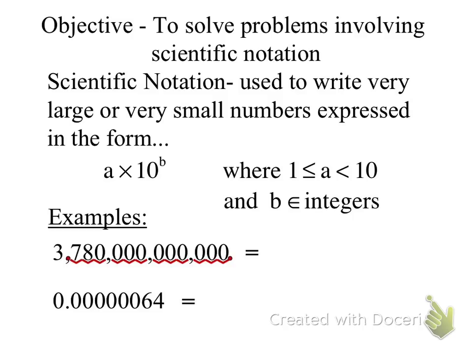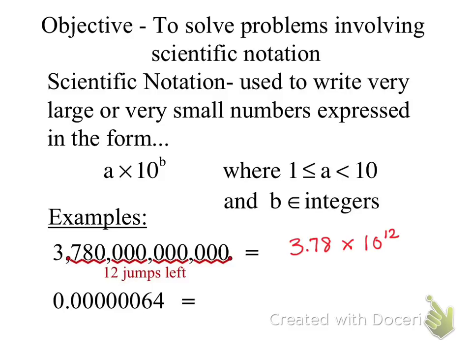I moved it over 12, making that number smaller by 12, so I'm going to multiply by 10 to the number of jumps that I did. Since it's getting smaller, the exponent becomes positive and gets bigger.